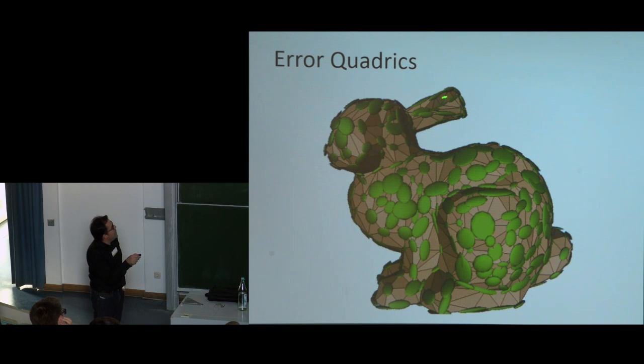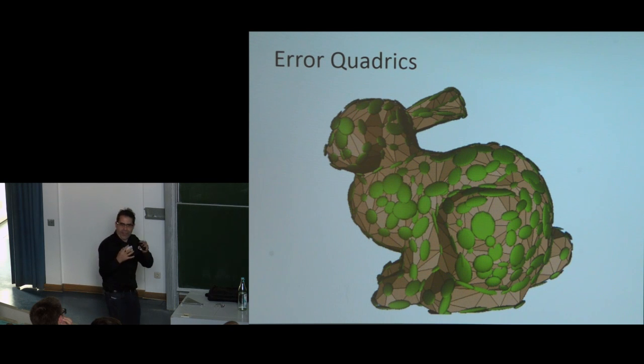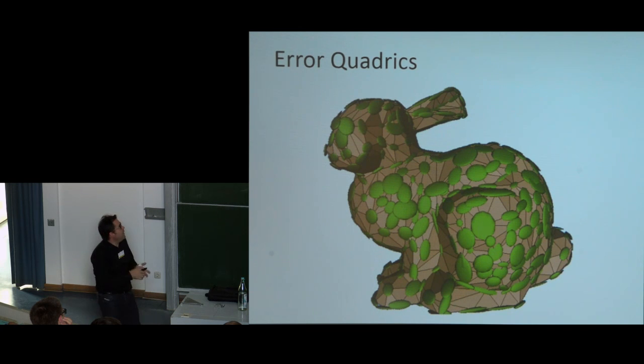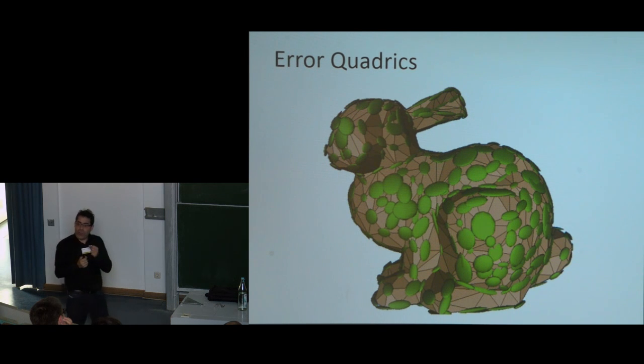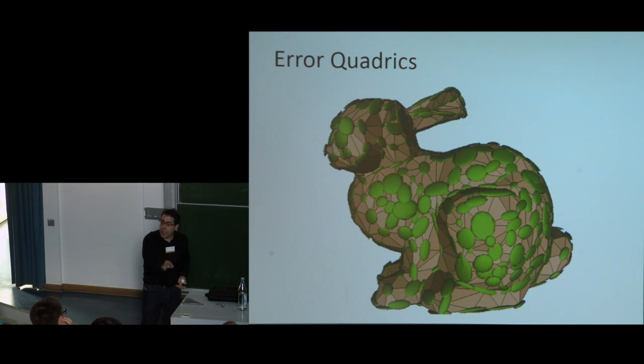You see that on some parts, like the pillars, you will have very cigar-shaped ellipsoids that show you that the error really does not increase much if you stay along that axis. And they look like a plate on nearly planar areas. And if you have a sharp corner, like on this table, it looks like a tiny ball.